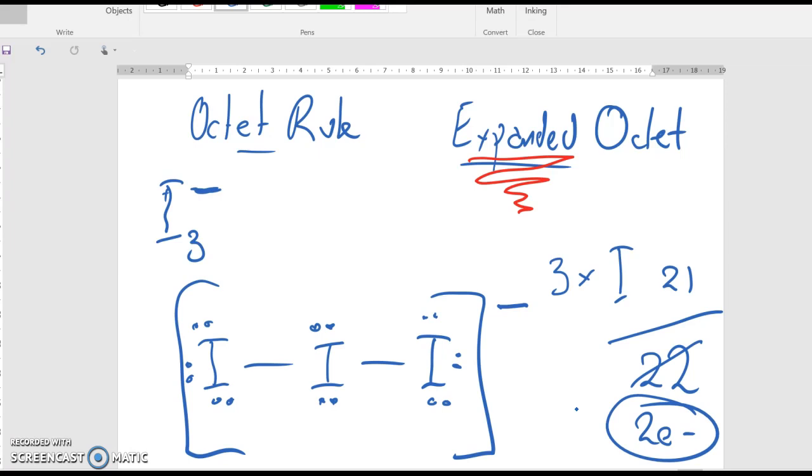There is simply nowhere else to put them. And they will end up going in the center. And so I have 22 electrons now. Those are in 2 pairs. If I look at that central iodine atom, it is in fact surrounded by 10 electrons, hence the expanded octet.